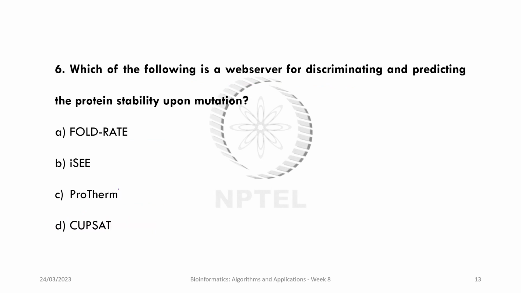So, question 6. Which of the following is a web server for discriminating and predicting the protein stability upon mutation? Thank you, Hari. So we just visited this question. So some of these options, that in itself is a hint to you all. Thank you, Devangana.